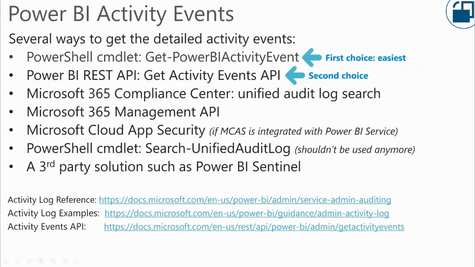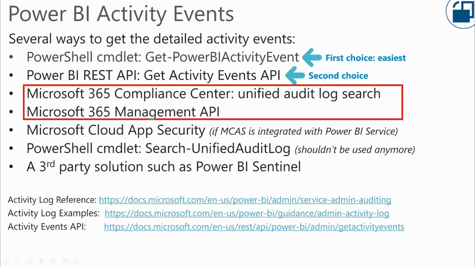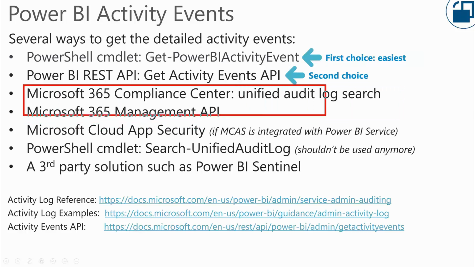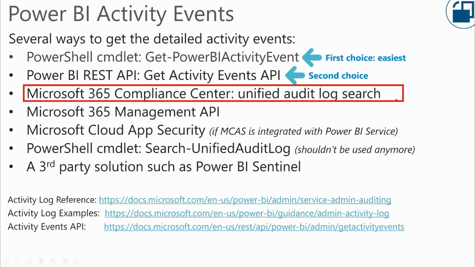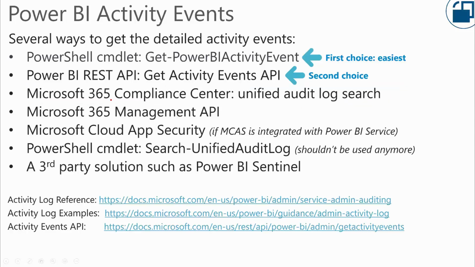The other alternatives, like getting it out of Microsoft 365. So let's see, bullet number 3 here is that UI that we saw a little bit ago. So we know that that's not a really good purpose for automation. The Microsoft 365 Management API has been around for a long time. It used to be the way that we got this data. If you also want to go after data from, say, SharePoint and Exchange and Teams, right?